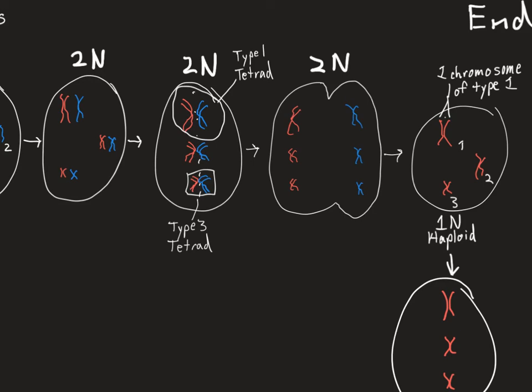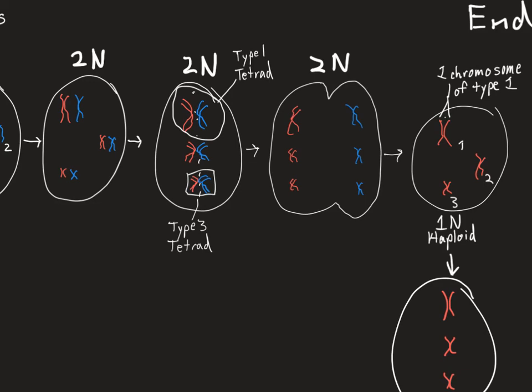What is a tetrad? And so I've circled the tetrad, but just to explain it, it's the two versions of a chromosome type, and both of them have to be duplicated, right? So you end up with a grand total of 4 chromatids all together. That makes a tetrad. So the 4 chromatids of chromosome type 1 is the type 1 tetrad.